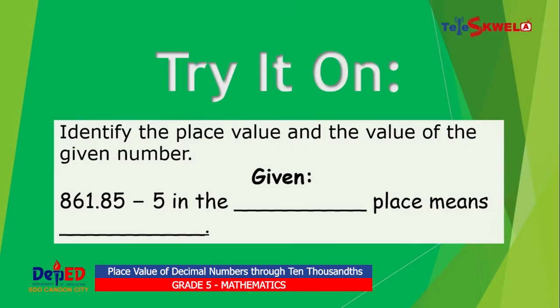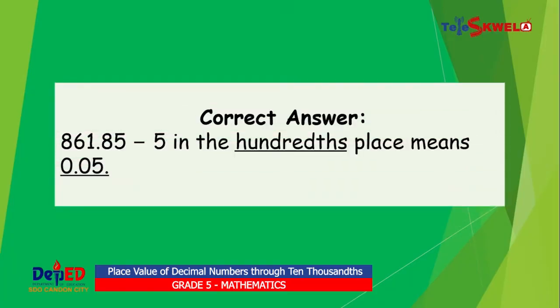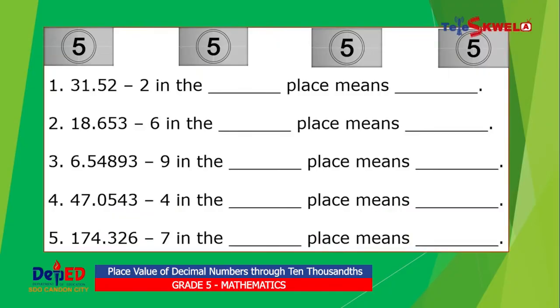In 861 and 85 hundredths, 5 in the blank place means blank. This is the correct answer. 5 in the hundredths place means 5 hundredths. You are given 20 seconds to finish the activity, and your 20 seconds starts now.